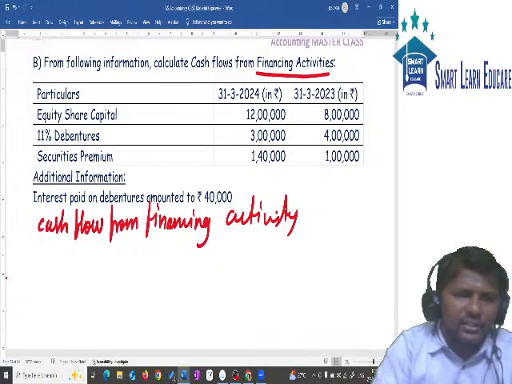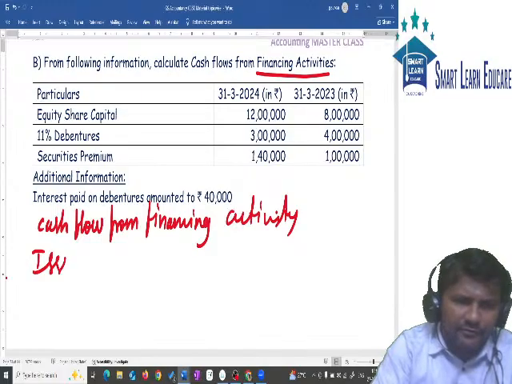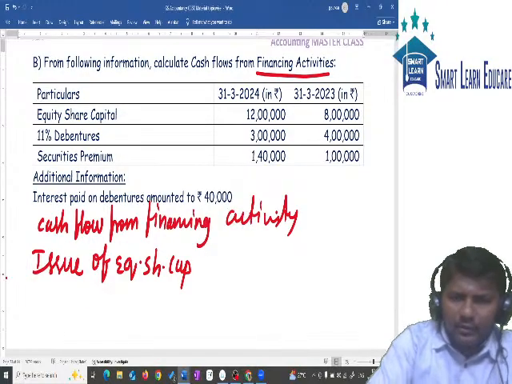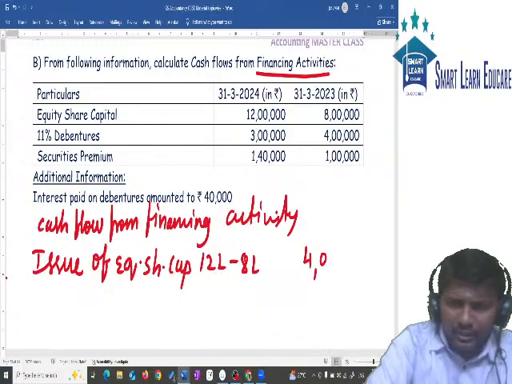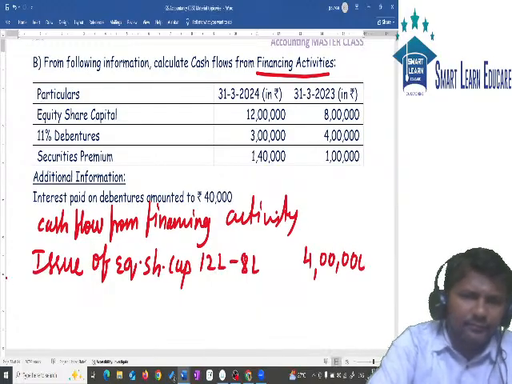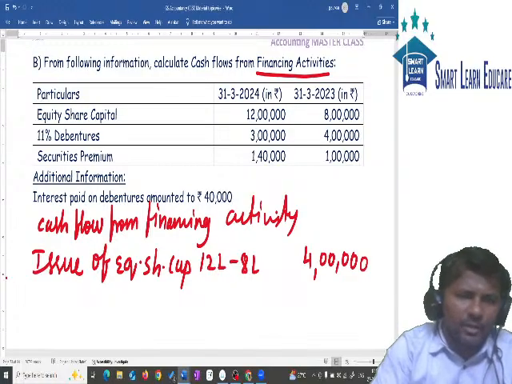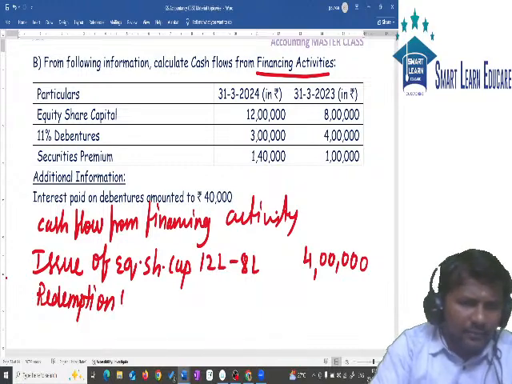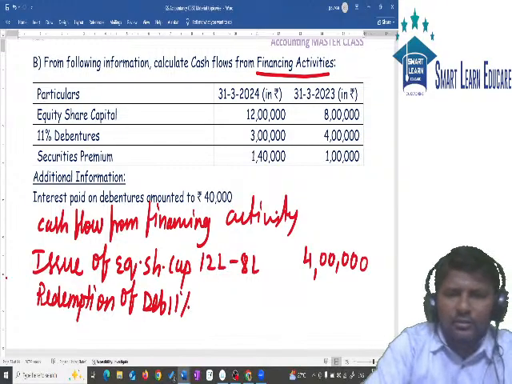Cash flow from financing activity. First one, issue of equity share capital. 12 minus 8 will give you 4 lakh. Inflow. Inflow means plus, you need not do anything for that, but for outflow you must mention it. Next, redemption of debenture, 11% debenture.